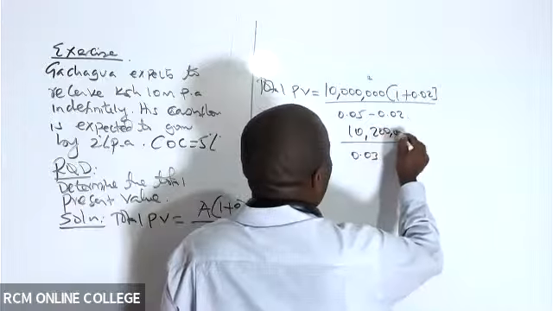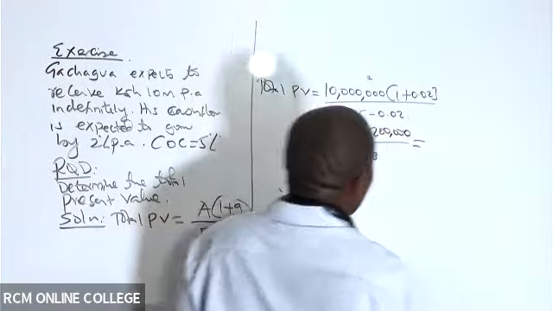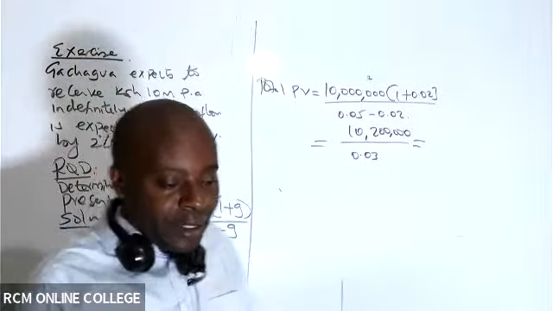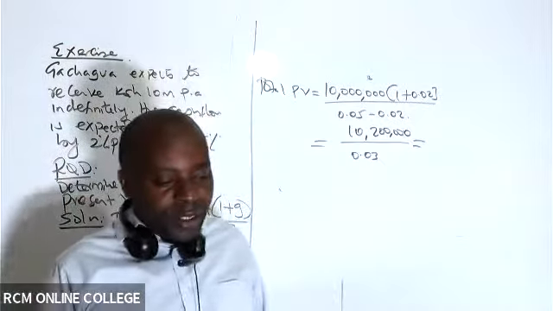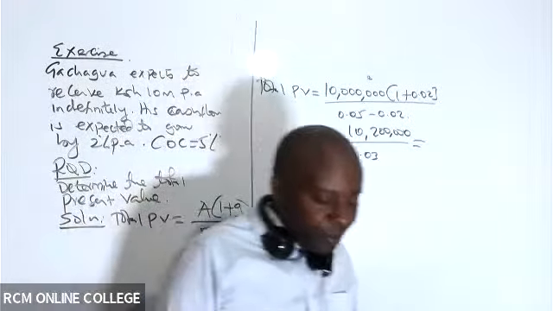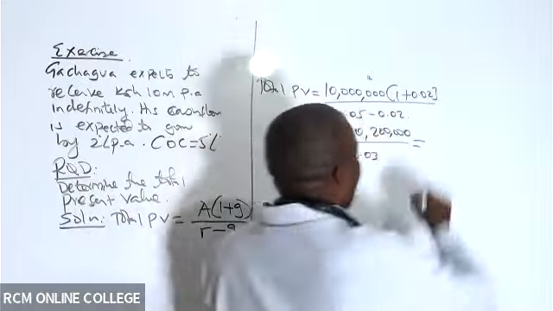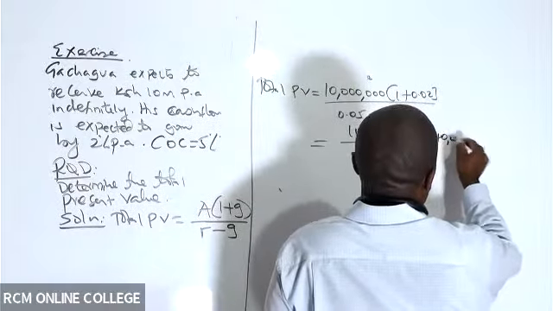So is there somebody who is able to give me this quite an ugly figure? I know the figure will be very ugly. So we have here 10,200 divided by 0.03. Somebody tells me it's not ugly actually, it is 340 million. So this is 340 million.